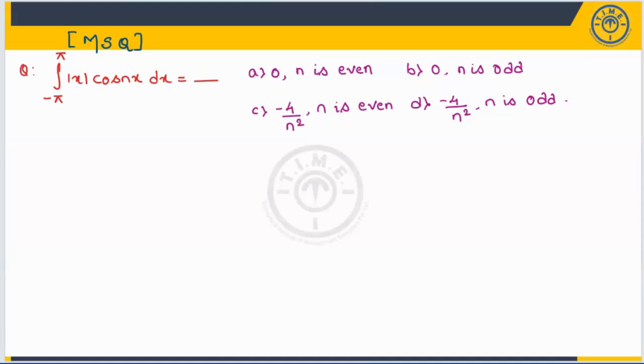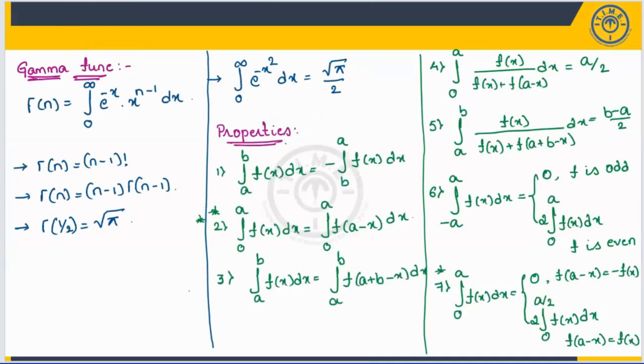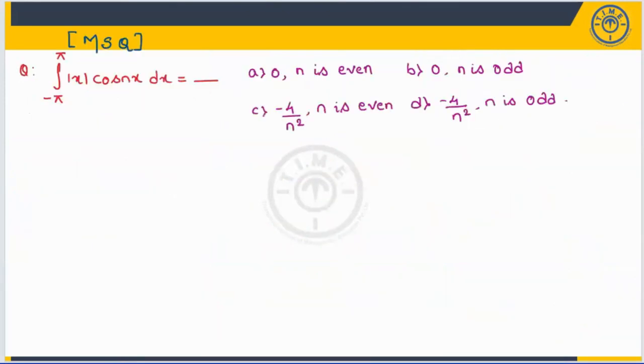So when the limits are from minus a to plus a, I asked you to check for the properties. Right, perfect. So what is the property from minus a to plus a? Even and odd, right? So now what type of function is this? Mod x is even, cos nx is even. So even into even, it is an even function.